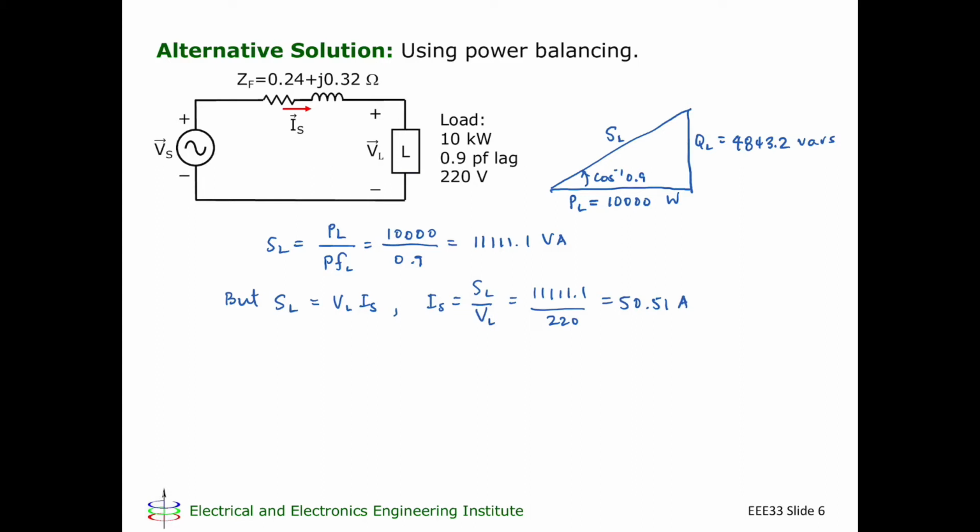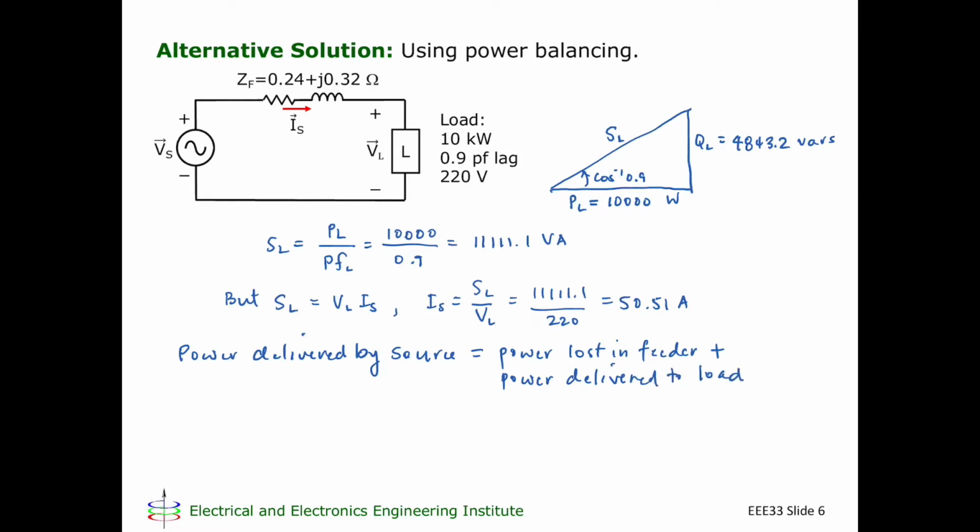Okay. So the next problem is, we haven't solved any unknown yet, no? We want to determine the value of V of S and the power and reactive power that the source supplies. We can get the power and reactive power at this point. The power delivered by the source is equal to the power lost in the feeder plus the power delivered to the load.